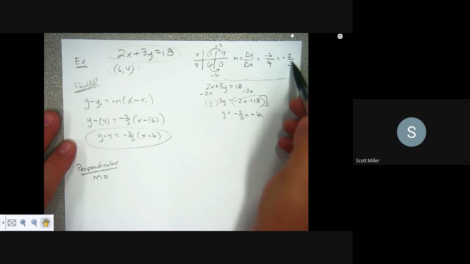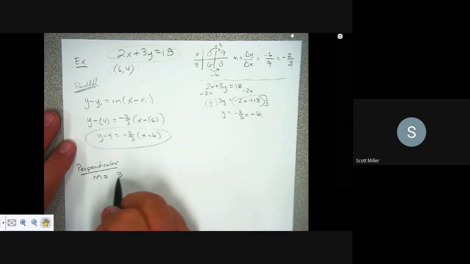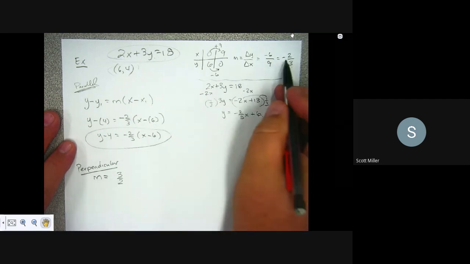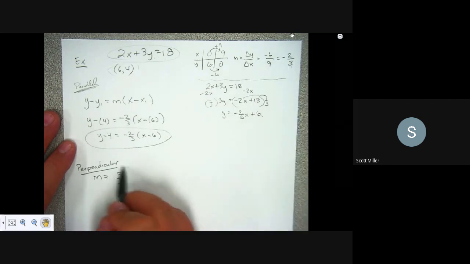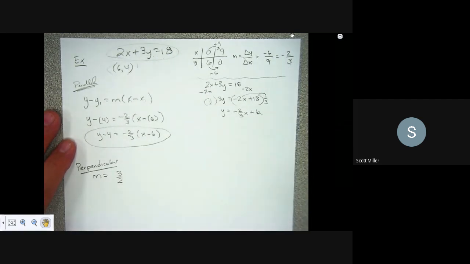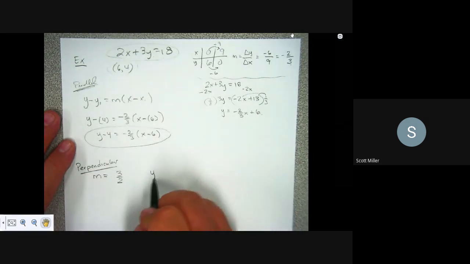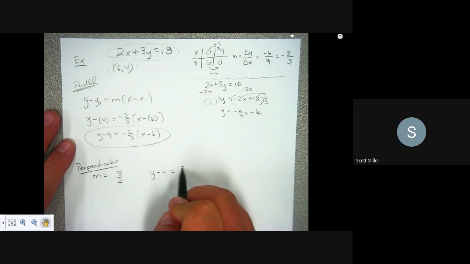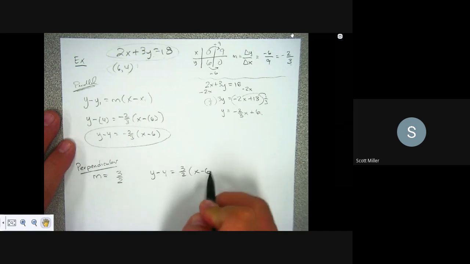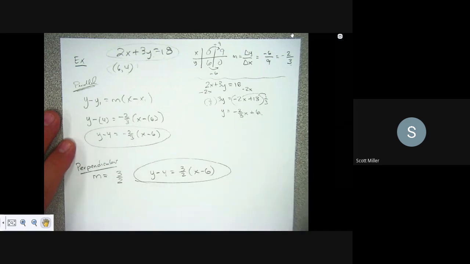If I flip 2/3 over, I get 3/2. And this was negative, so mine is positive. This is the slope I want to use. Same point, this slope: y minus 4 equals 3/2 times x minus 6. And that's the equation of the perpendicular line.